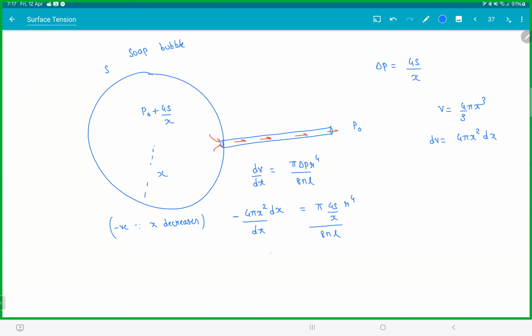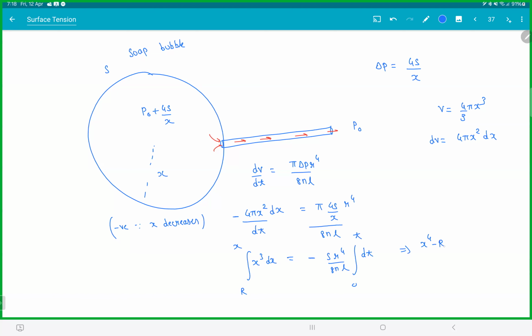Four pi cancels off. Bring that x here. It will become x cube dx. This will become minus S r power 4 by 8 eta L dt. Integrate. Limits will go from R to x, and time from 0 to t.